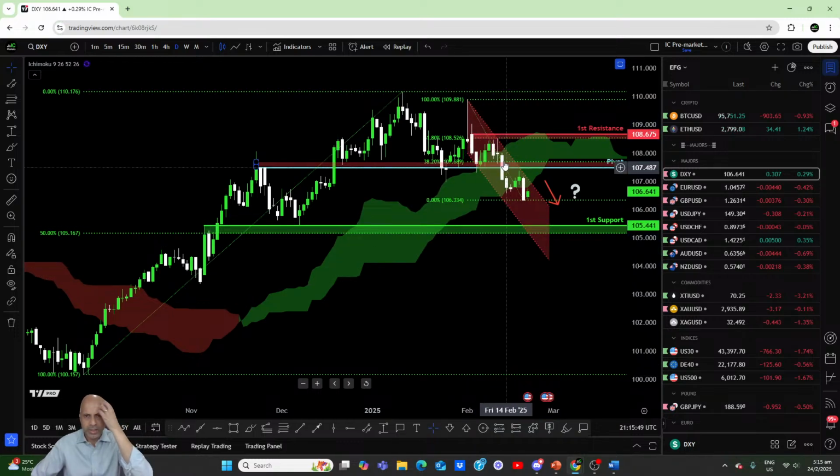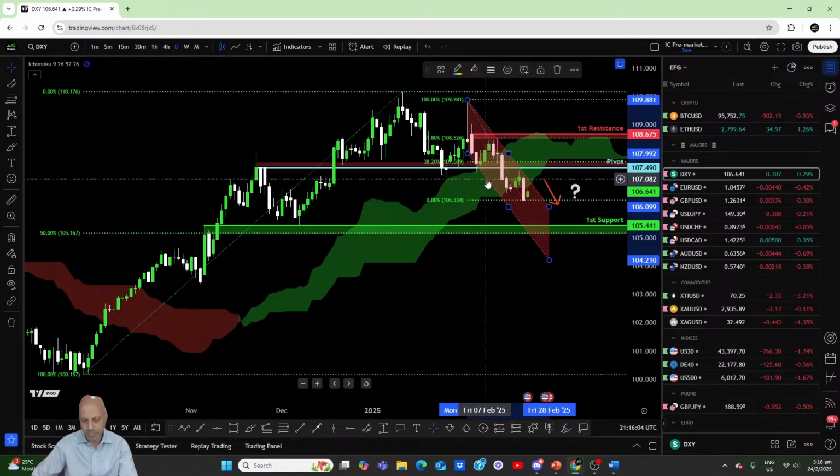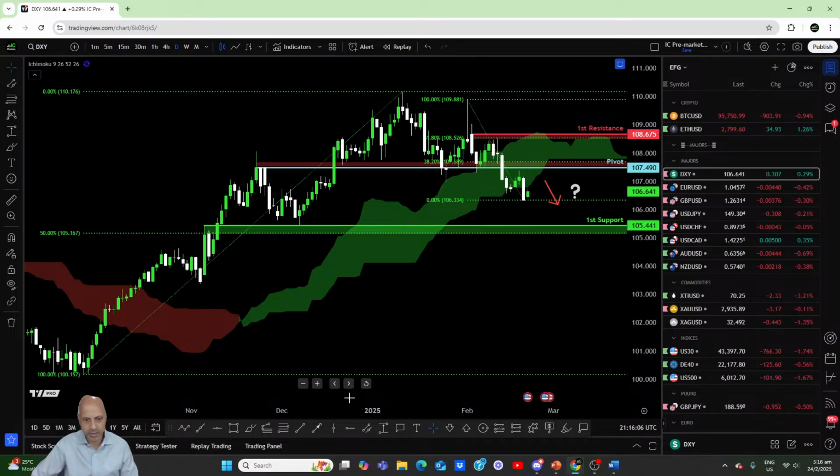You can see a couple of touches to the upper trend line of the bearish channel, and just one touch for now on the lower trend line. So it's sort of like a bearish channel in the making, but perhaps it's more of a descending trend line. So let's just draw this as a descending trend line.